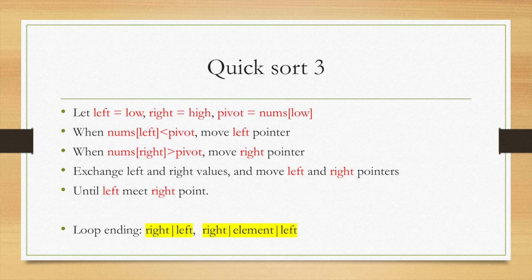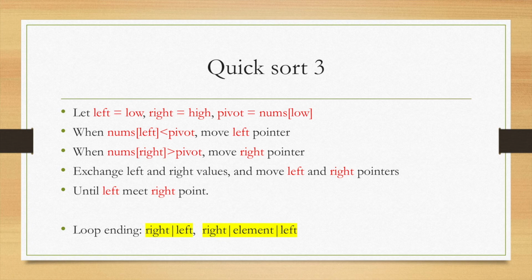In the previous two algorithms, when the loop ended, we got one element and that element was the pivot. But for this algorithm, when the loop ends, it has two possibilities. One is the right pointer and then the left pointer, and the other case is the right pointer, an element, and the left pointer.